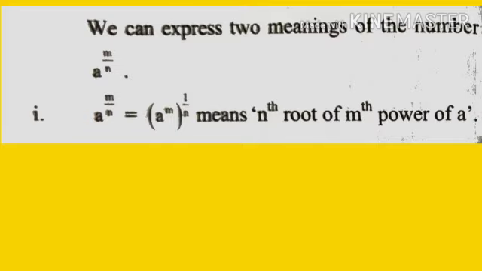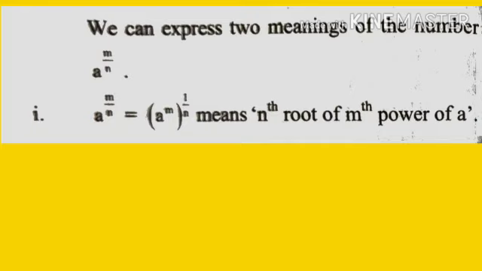In the first one, a raised to m upon n is written as a raised to m whole raised to 1 upon n. That means it is nth root of mth power of a.